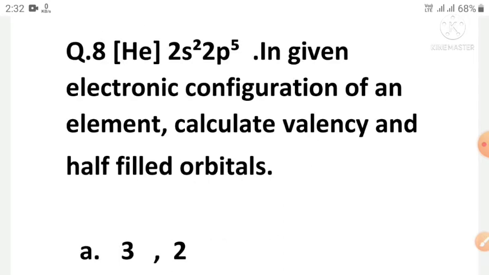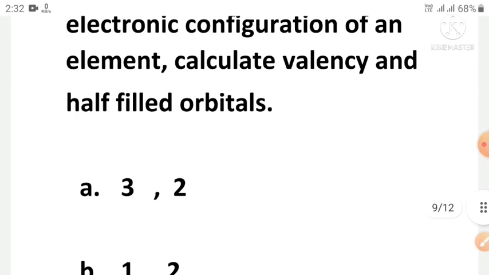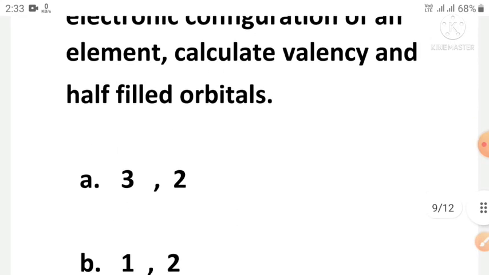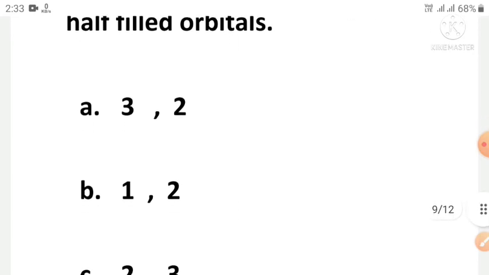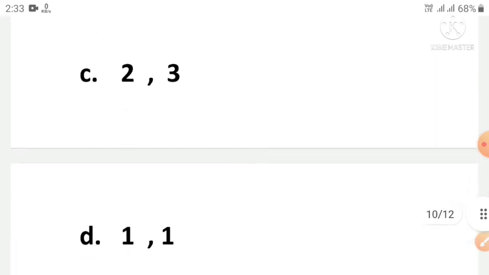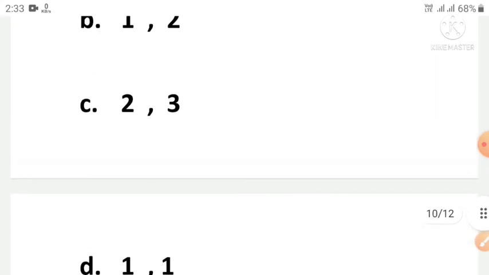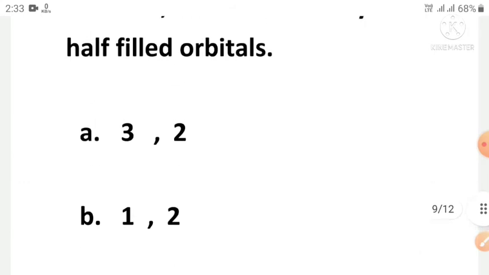We have to first derive valency, then we draw the orbitals and see how many orbitals are fulfilled and how many are half filled. Here 4 options are given: A 3 and 2, B 1 and 2, C 2 and 3, and D 1 and 1. Now we have to discuss.